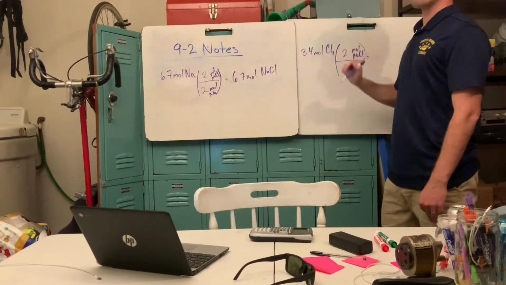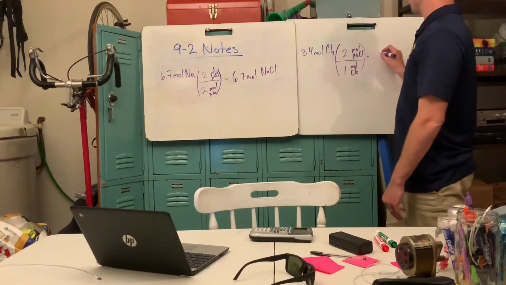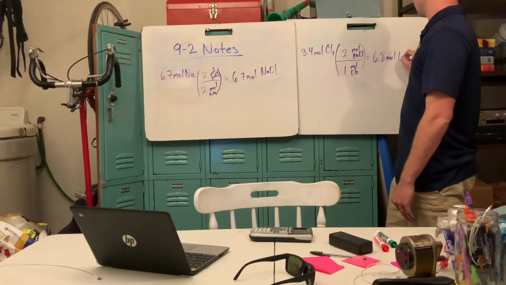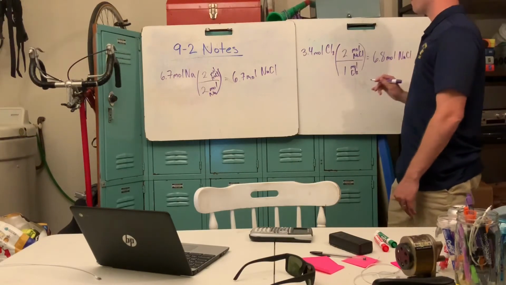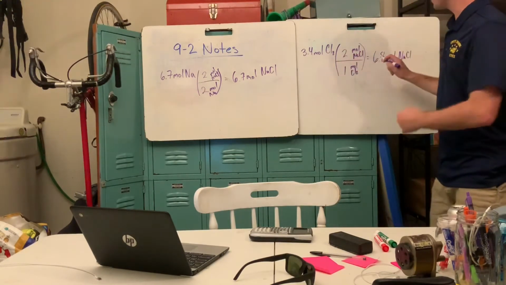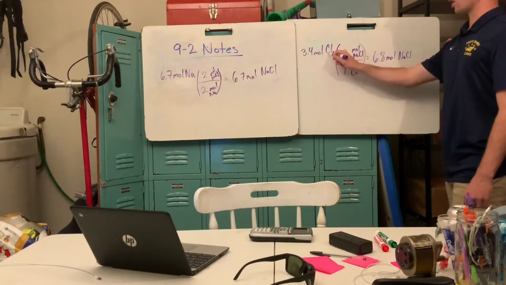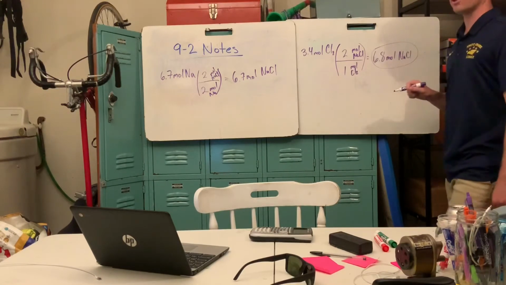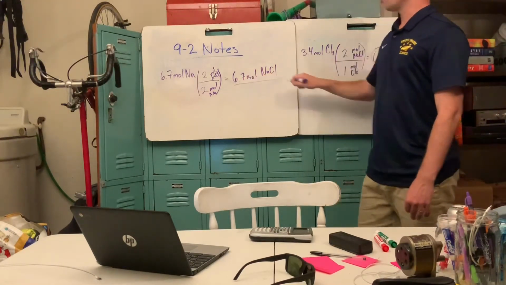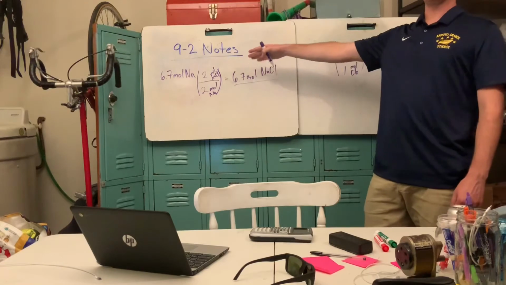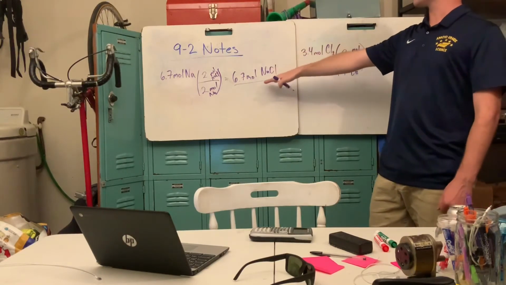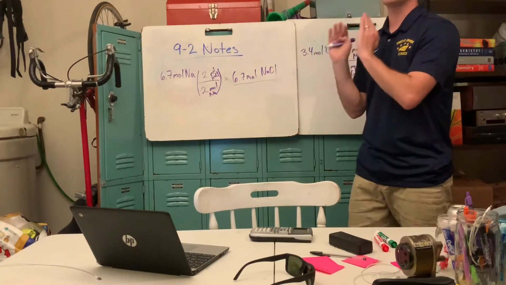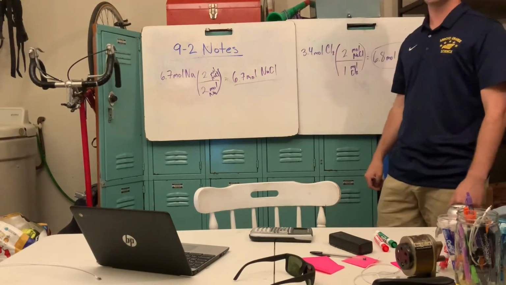So we'll just multiply this and we get 6.8 moles of sodium chloride. Wow, looks like if we have 3.4 moles of chlorine gas, we produce more sodium chloride than over here, which means sodium is our limiting reagent because it produces less. It's limiting the amount of product that we can make.